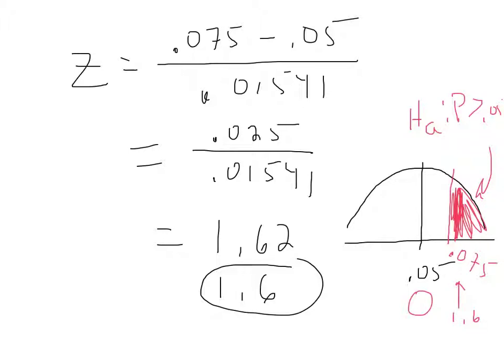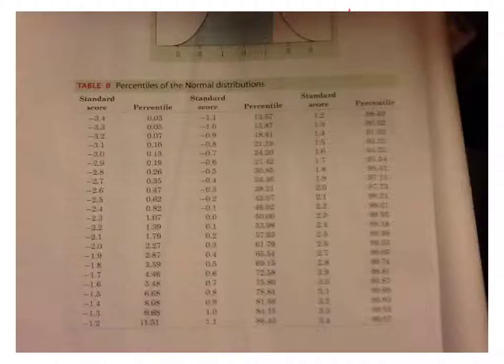So I'm going to have to go look at table B, get that percentile, and take that away from 100. So I'm looking up the percentile for a z-score of 1.6. What I'm seeing right there is 94.52. So that is the area to the left. I need to find the area to the right to find that tail area.